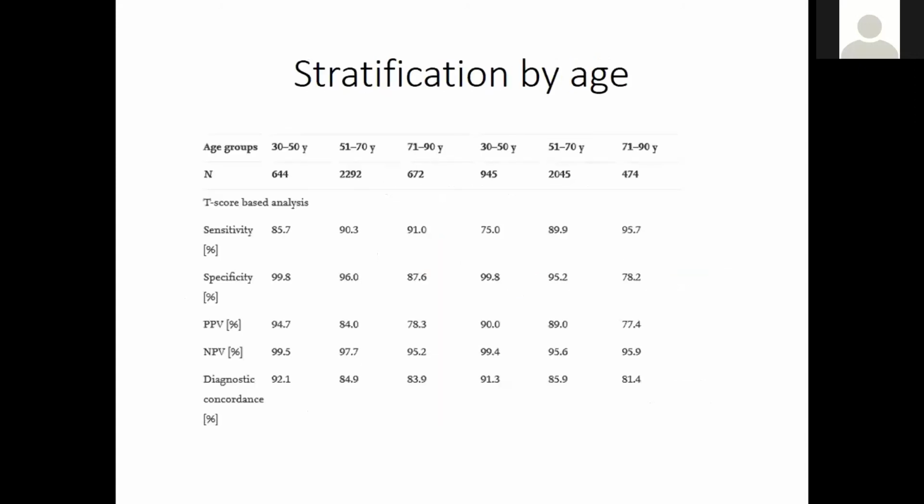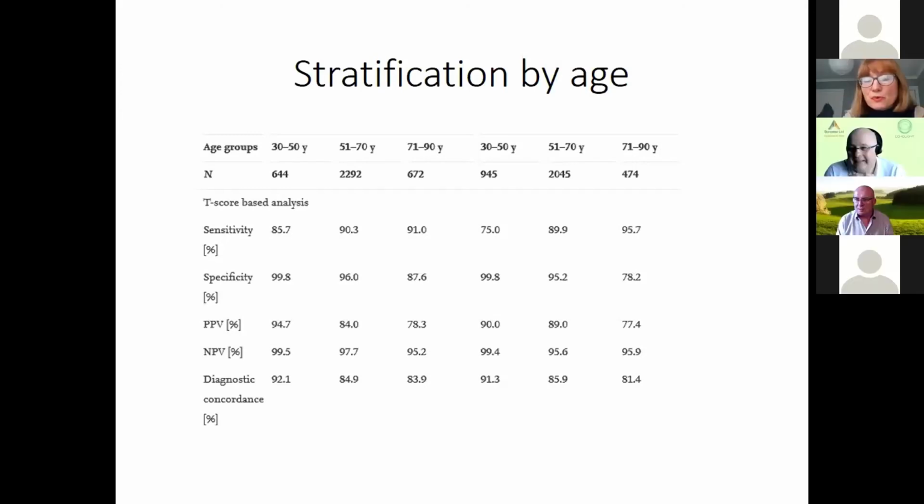I mentioned that sensitivity, specificity, positive predictive value, and negative predictive value were all calculated for this technology. This slide shows you the performance by the different age bands, because one of the things they were particularly interested in was whether this technology performed well across all ages.